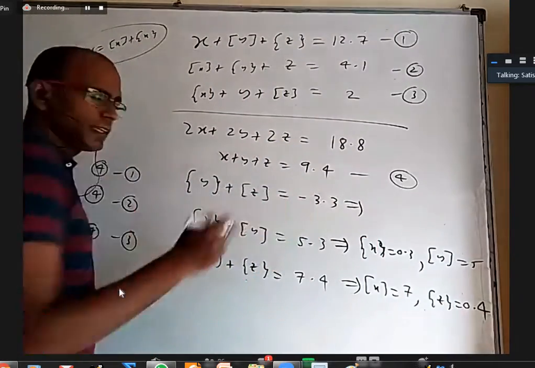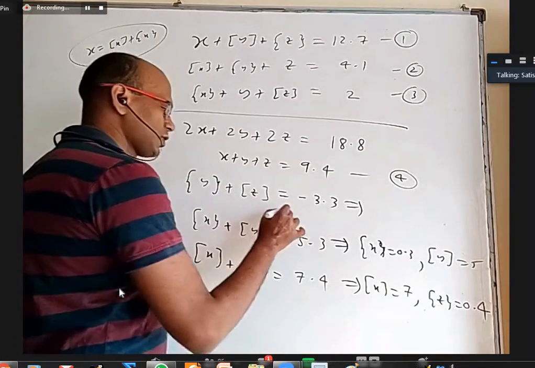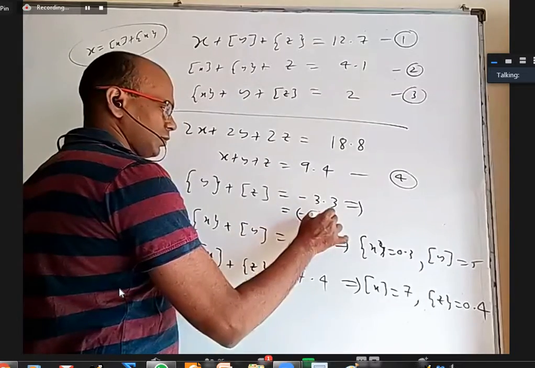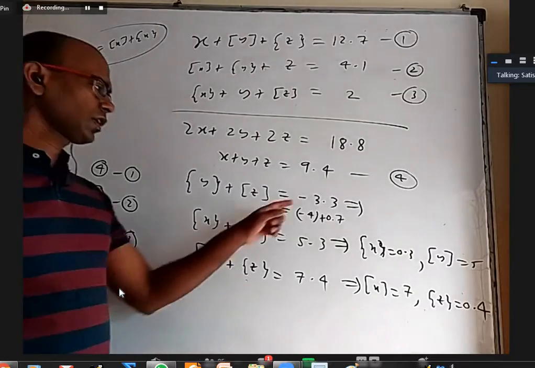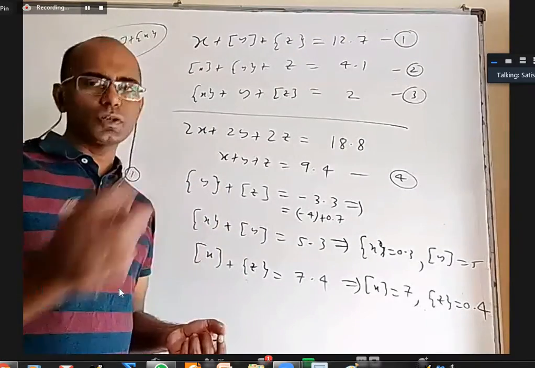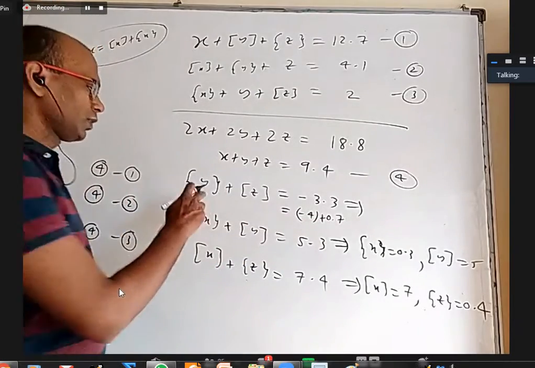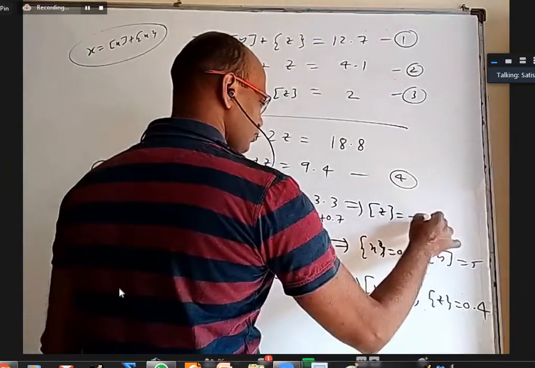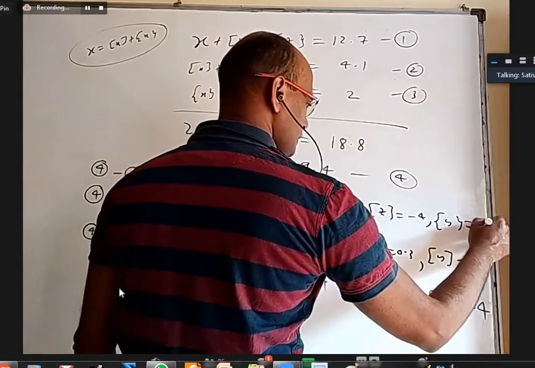And for this minus 3.3, we should not say minus 3 and 0.3, because we are supposed to write this as integer part of z equals minus 4, plus fractional part of y equal to 0.7. So you cannot write this as minus 3 plus 0.3, it is minus 0.3. So we have to make the fractional part positive. That's why we have to write like this. Now when we compare, integer part of z is minus 4 and fractional part of y is 0.7.